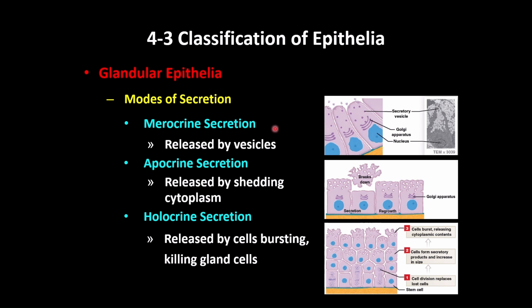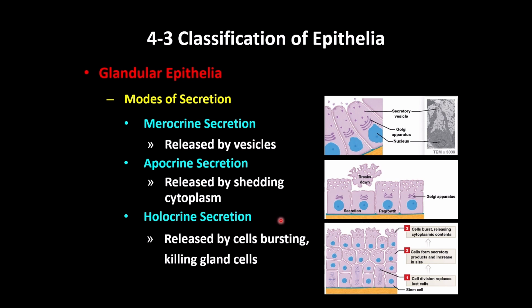You can see that in the sweat glands, okay? And in apocrine glands, the superficial layer of the cytoplasm sheds, so that breaks off from the rest of the cell. The cell stays alive, so it will continue to produce this. Also, you can see it in a specific type of sweat glands.